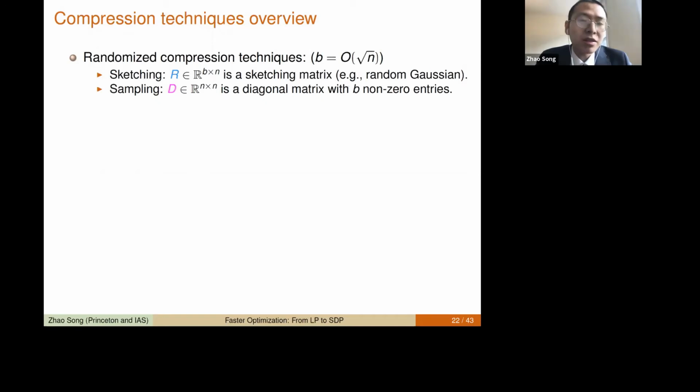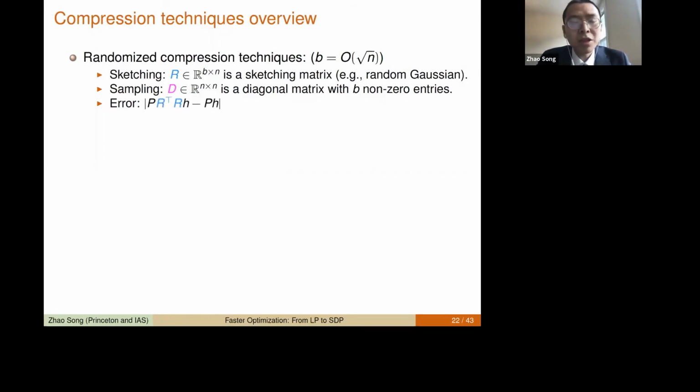And there is another one called a sampling matrix. The major difference between the sampling matrix and the sketching matrix is that the sampling matrix D is just a diagonal matrix, which only has B non-zero entries on the diagonal. But essentially, they can perform the same property. For some tasks, though, those two matrices do have different behavior.